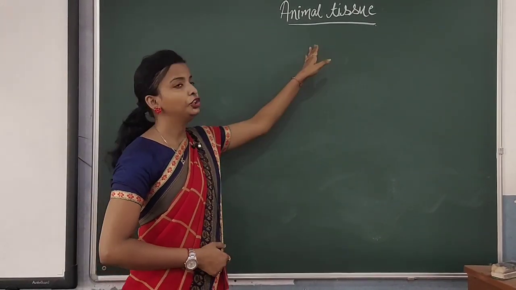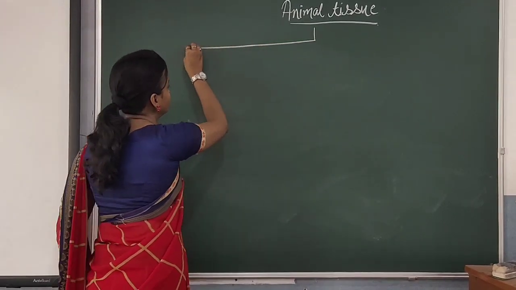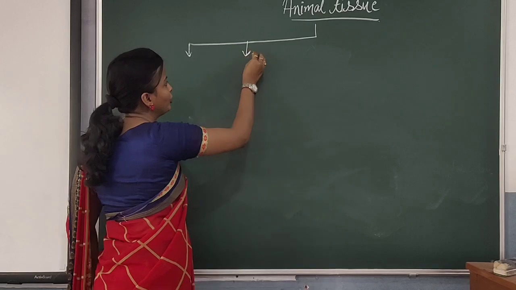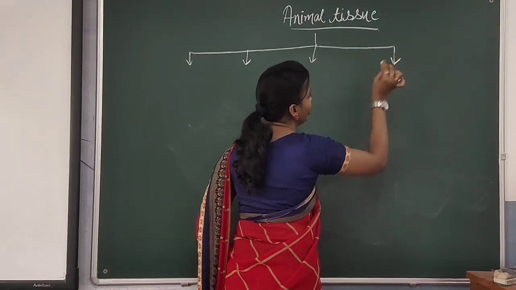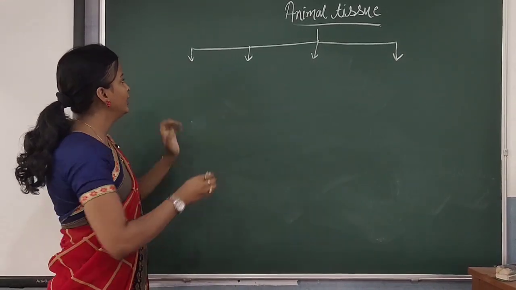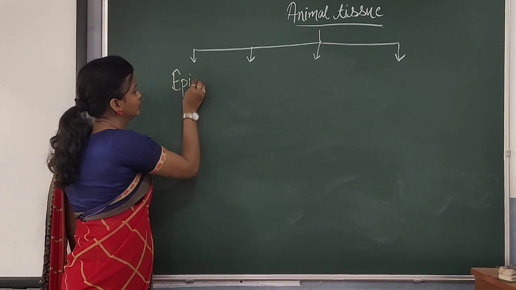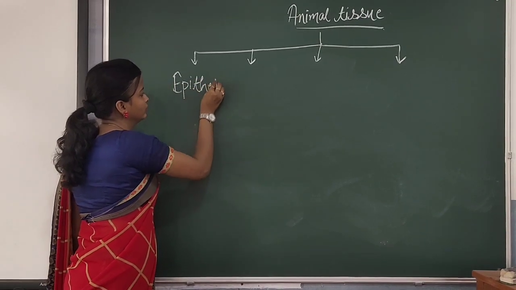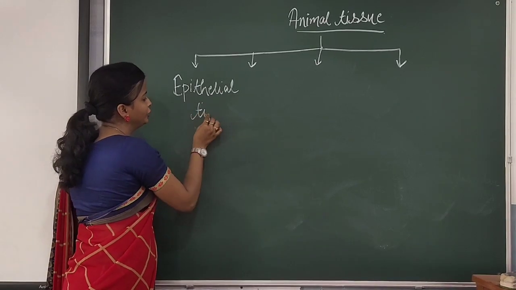So animal tissue is of four types. In this chapter many subdivisions are there and a tabular form is given in your book, so kindly go through it. Now the first one is epithelial tissue.